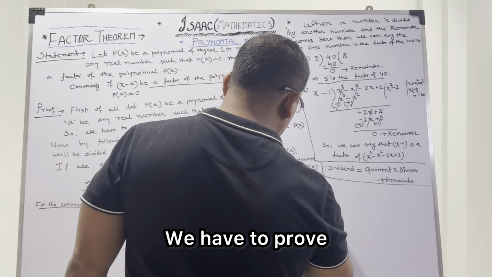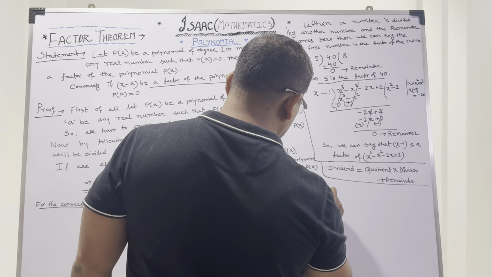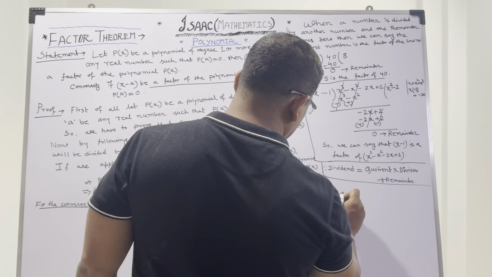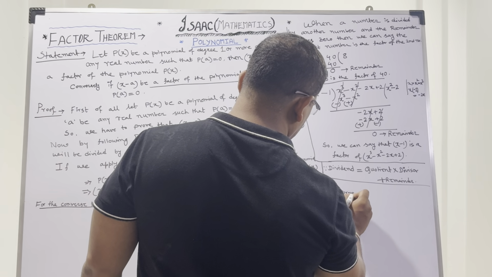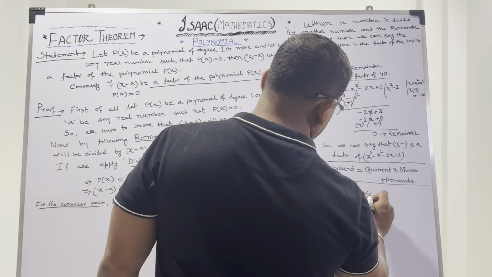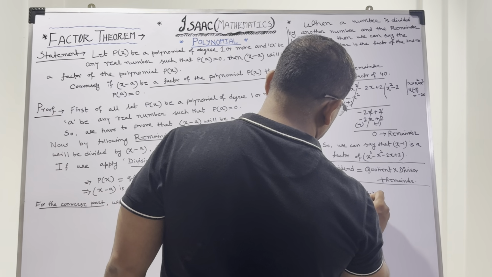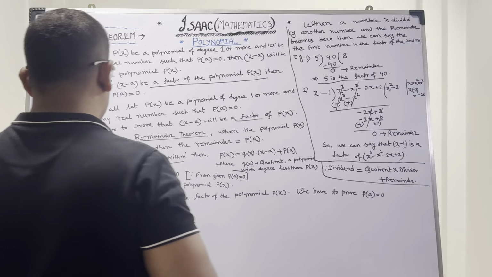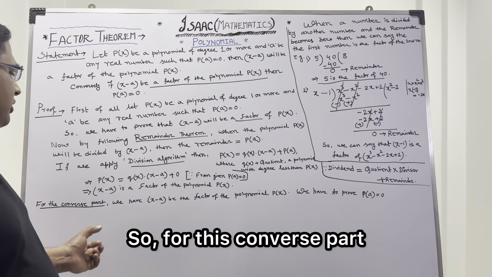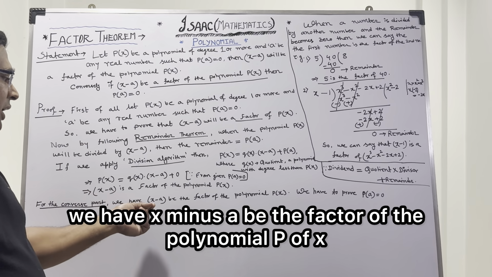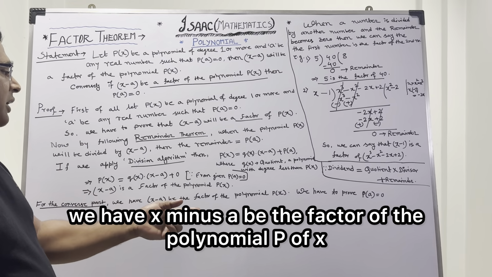We have to prove P of a equals 0. Okay, so for this converse part, we have x minus a be a factor of the polynomial P of x, and we have to prove P of a equals 0.